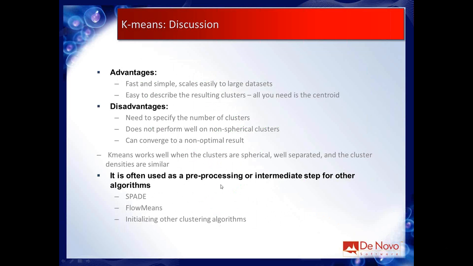But it is extremely useful still because of its ease and simplicity. It's used very often as a pre-processing step or an intermediate step for other algorithms such as SPADE or Kmeans. It's used to initialize other clustering algorithms such as Gaussian mixture models, EM or something like that.